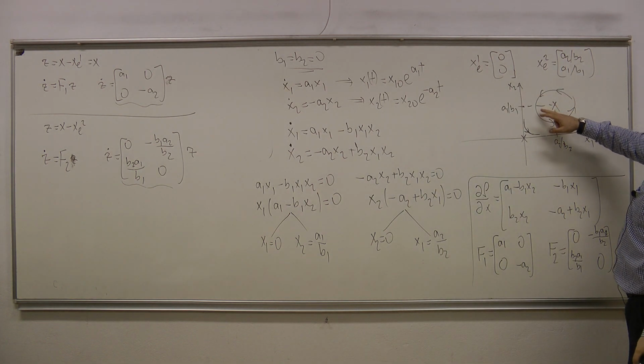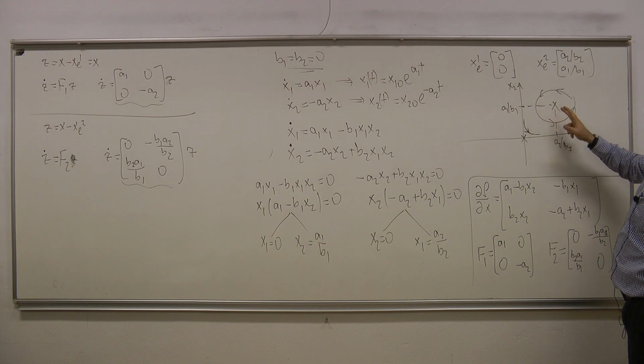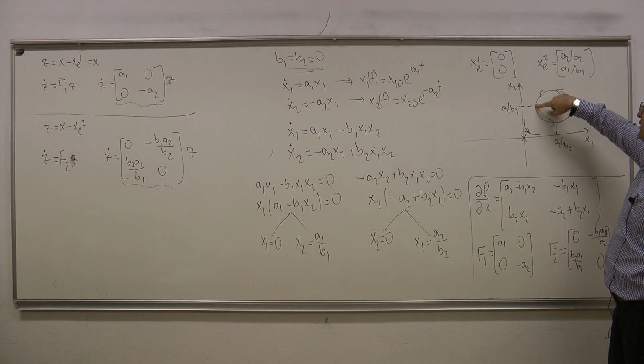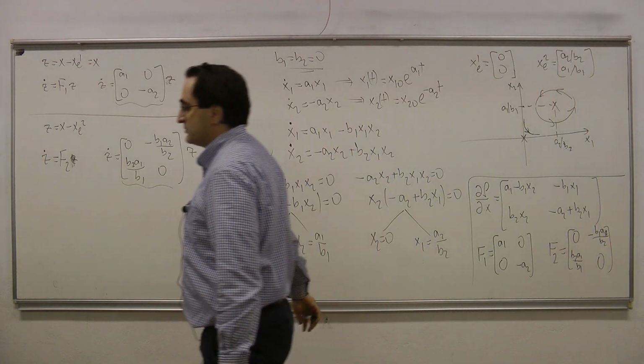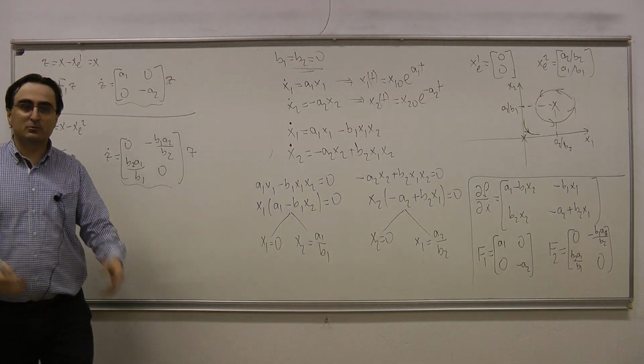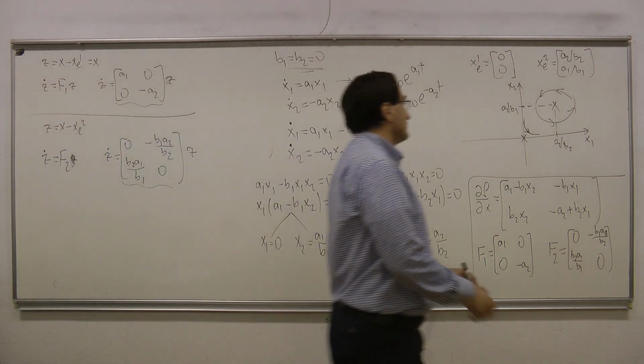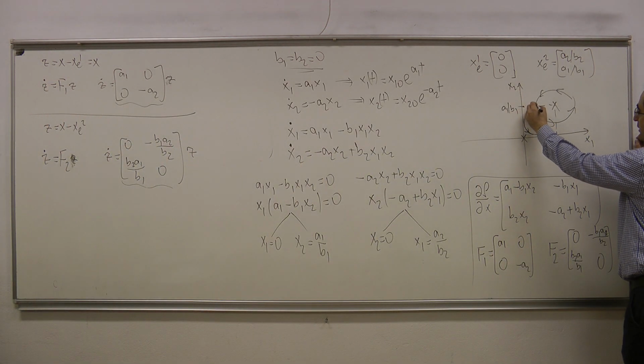This means that if this system is started somewhere close to this equilibrium point, so suppose that I start the system like that. Suppose that I own the island and I put there some number of rabbits and some number of foxes. So I start the system somewhere here.